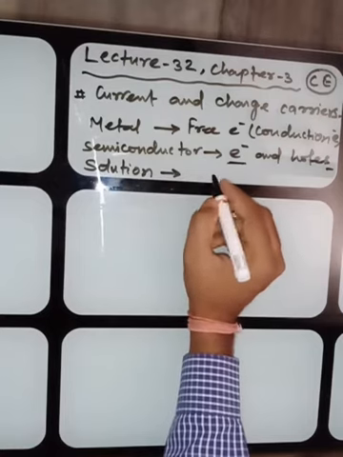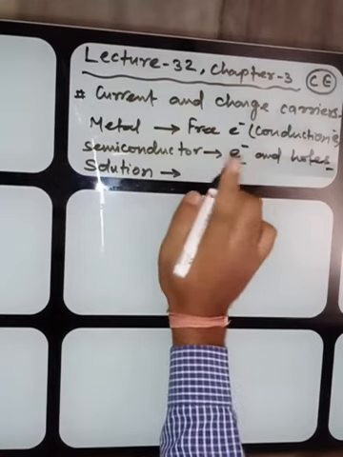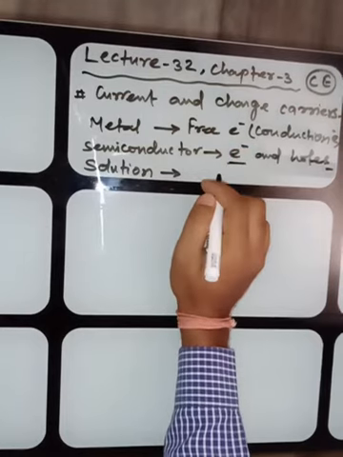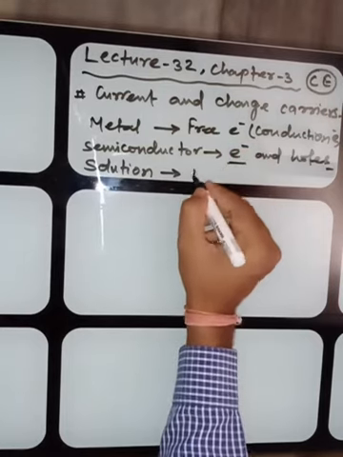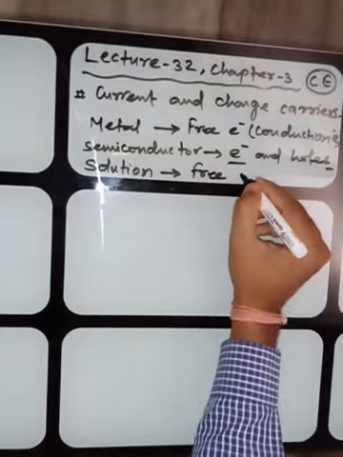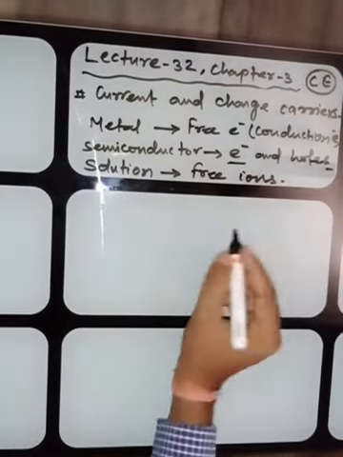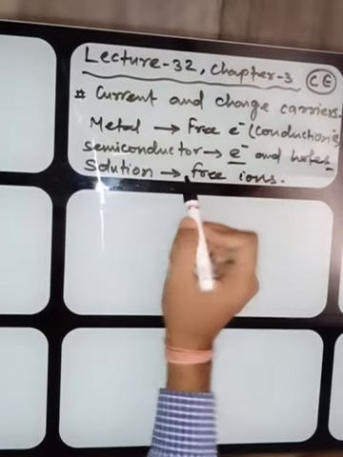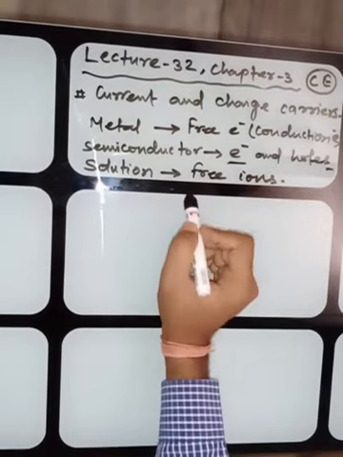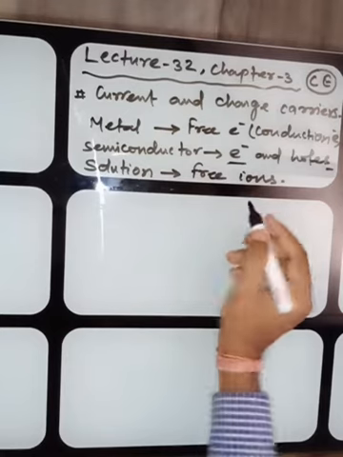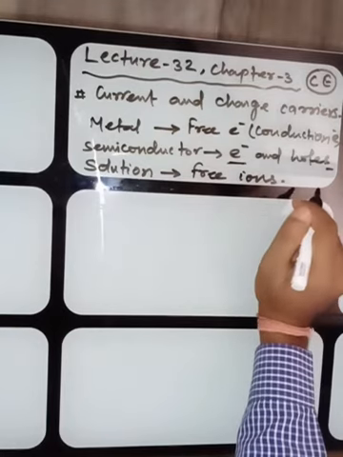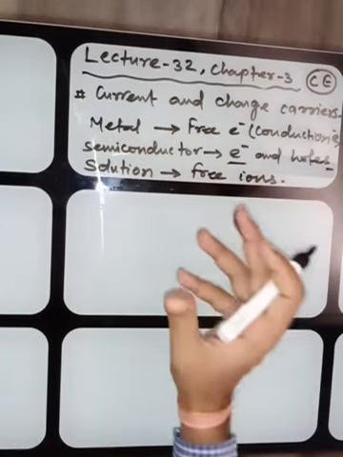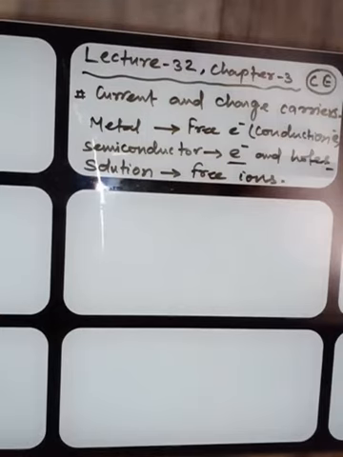In solution, what are the charge carriers that are responsible for electric current? Those are the free ions. So in metal, it is the free electron, that is the conduction electron. In semiconductor, electron and holes. And in solution, free ions are the charge carriers that are responsible for electric current, my dear students.